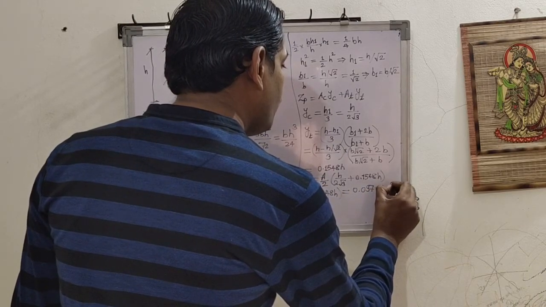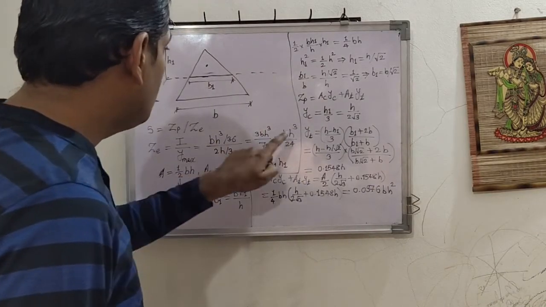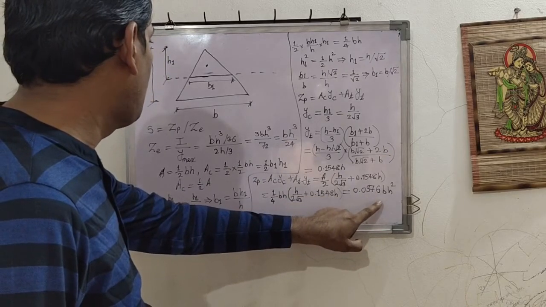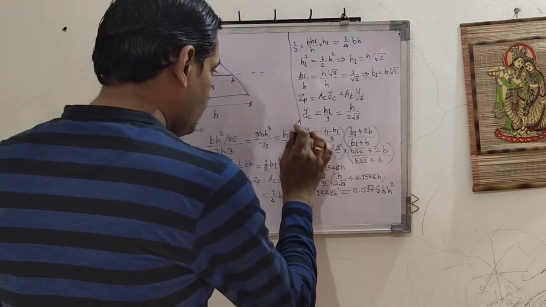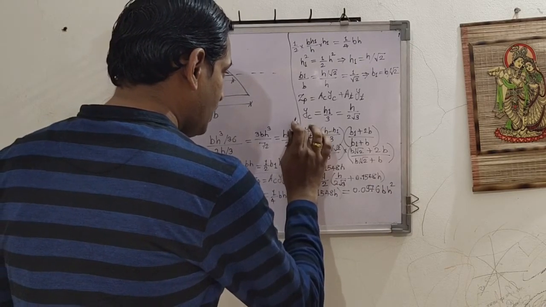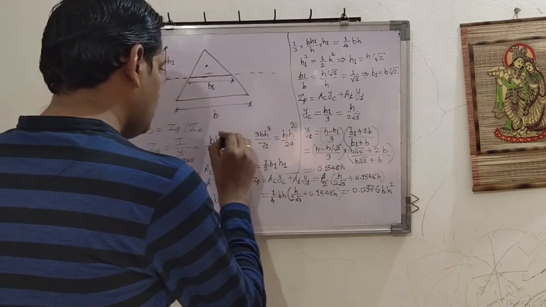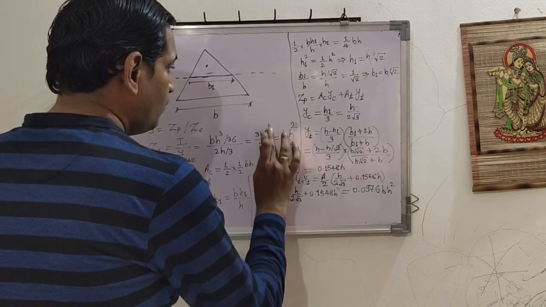So ZE is bh cube, it is not bh cube, it is bh square, I am sorry. Let us correct it here. Because this is h cube, this gets cancelled with one of the h, so this is h square.